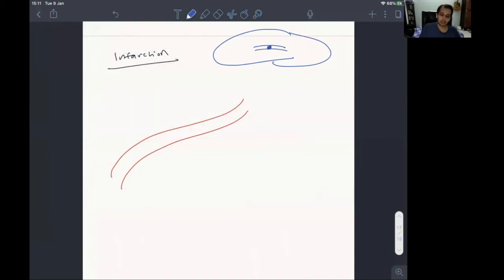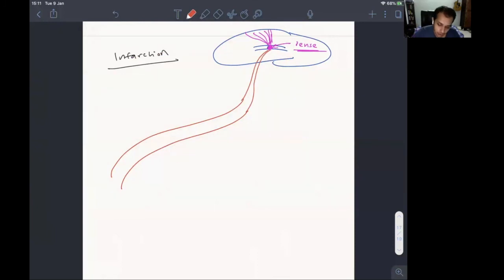This is the part of the brain where the pyramidal tract has condensed into a very tight spot. So even a small lesion here will lead to a dense stroke. Now suppose this is the blood vessel that is supplying this internal capsule, so it goes all the way here.